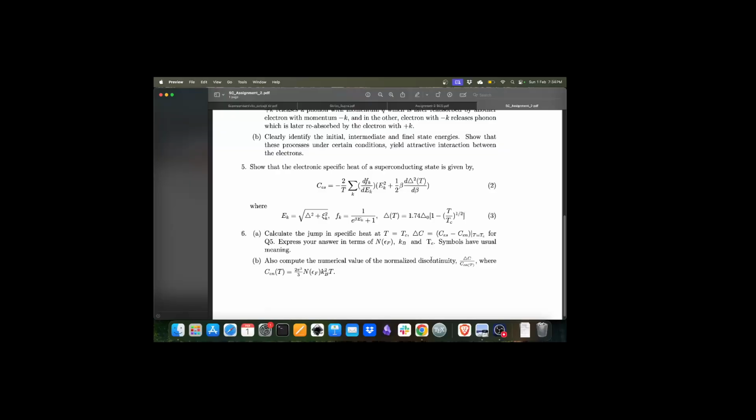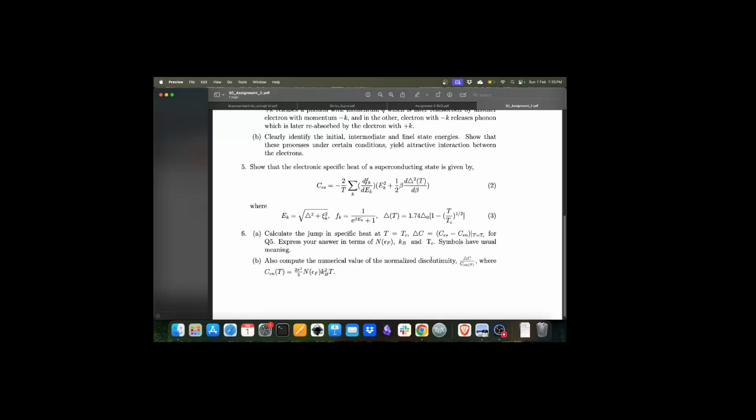So CES minus CEN would be minus 2 by T sum over k, beta by 2 and then d delta square T by d beta.